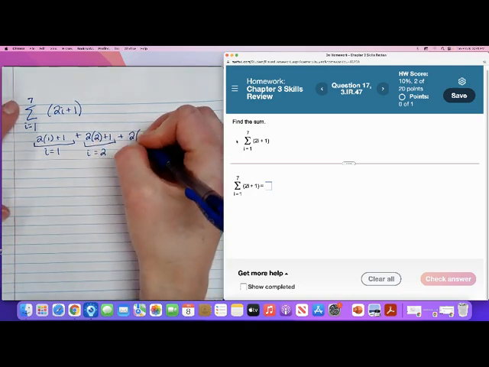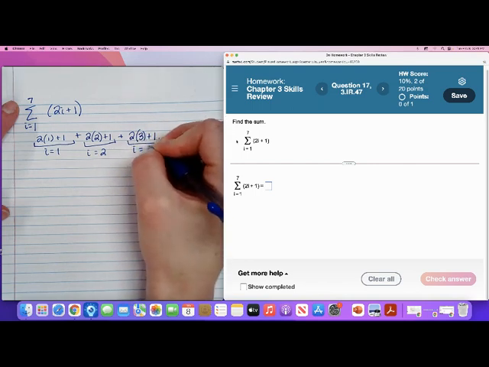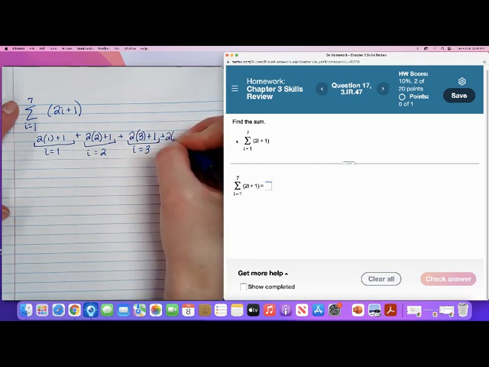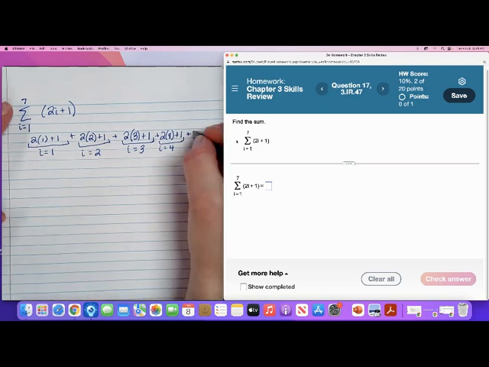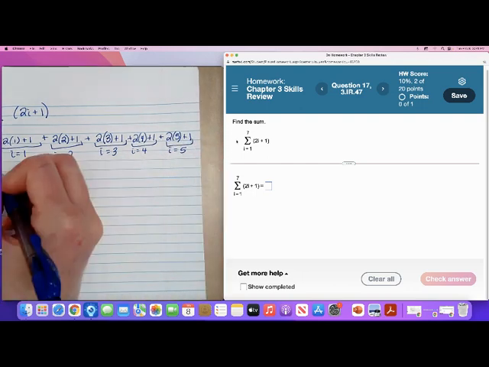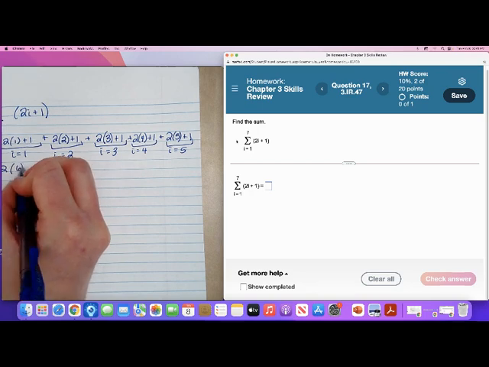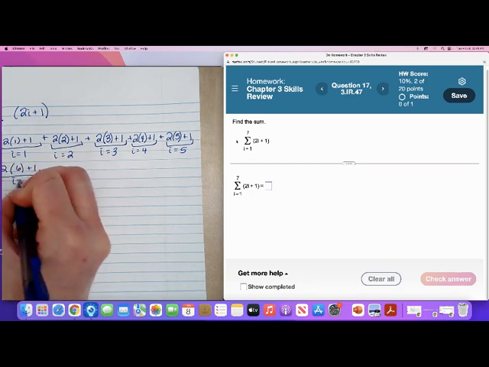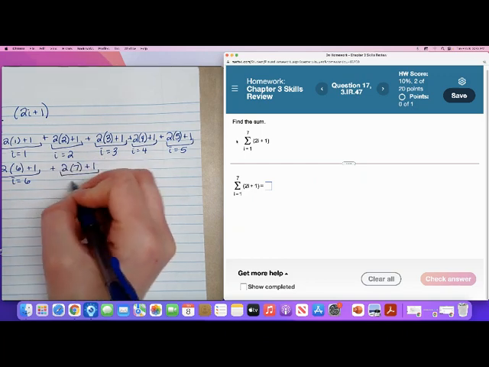So 2 times 3 plus 1, i equals 3, plus 2 times 4 plus 1, i equals 4, plus 2 times 5 plus 1, i equals 5, plus 2 times 6 plus 1, when i is 6, plus 2 times 7 plus 1, when i is 7.